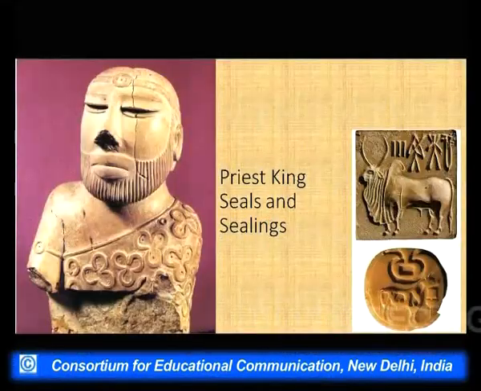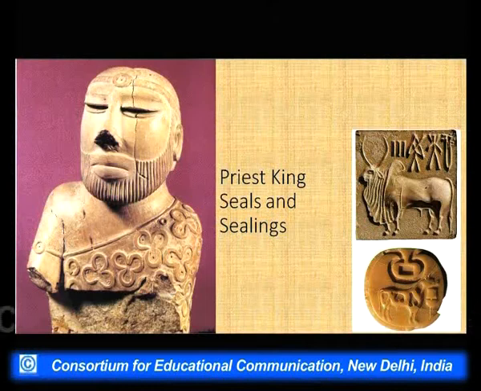All right. Now, amongst the very few sculptures that we have is this priest king made of sandstone. It's very interesting because you have this bearded figure with a sharp nose, half closed eyes, and a fillet, kind of a band on top.